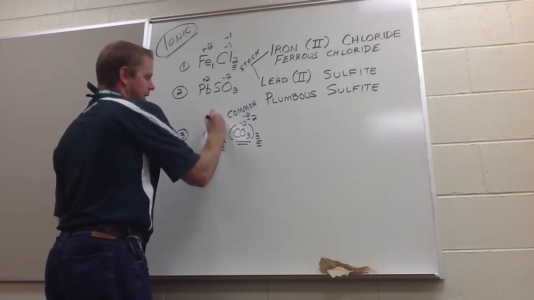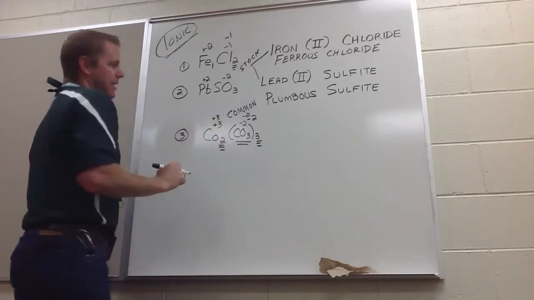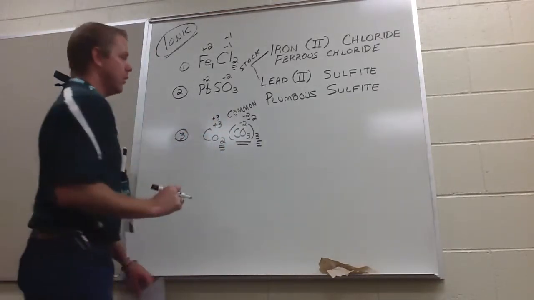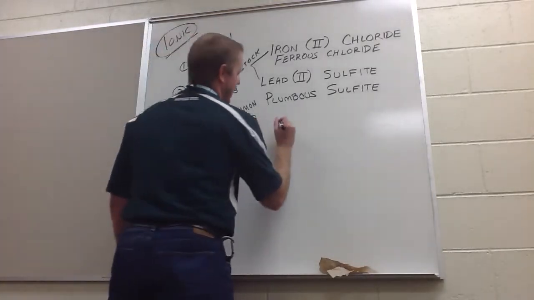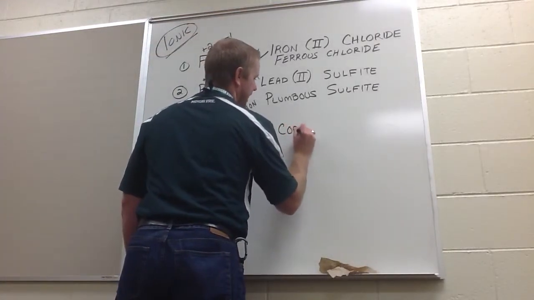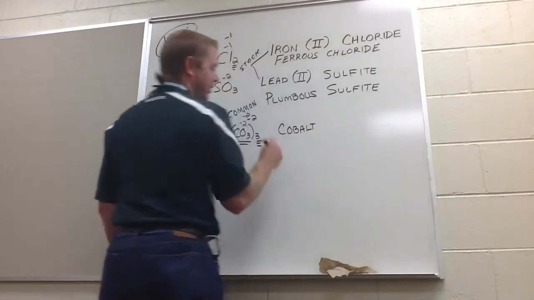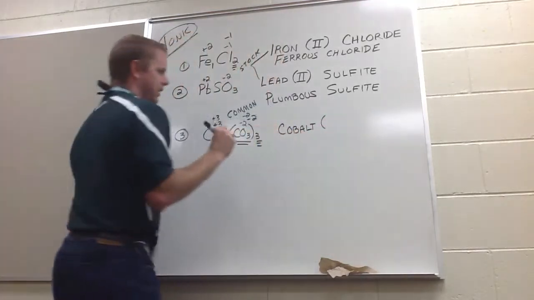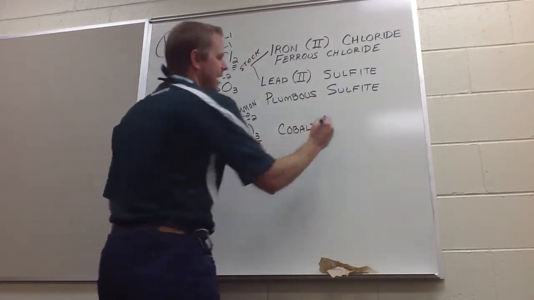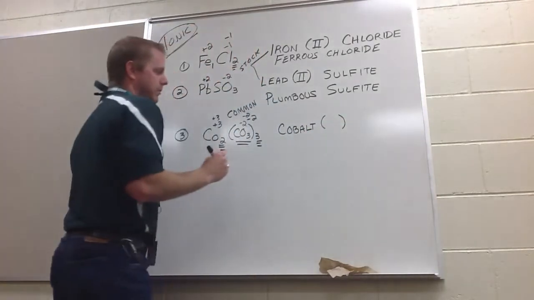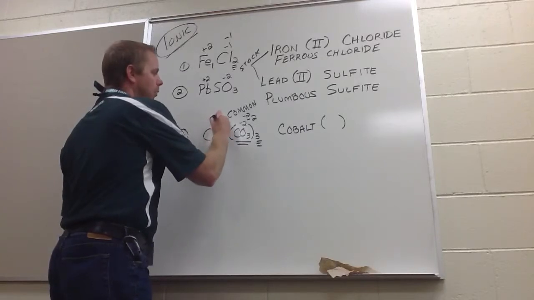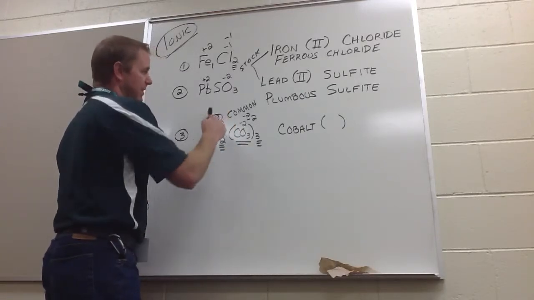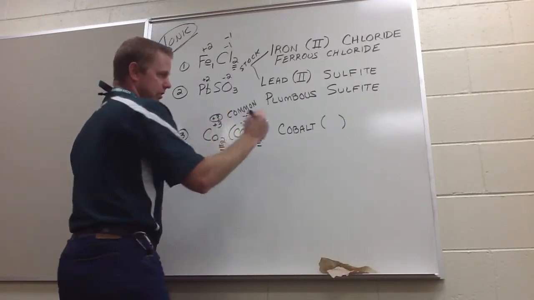Therefore, +3 and +3. Now this one is a little tricky, and here is why. You write the element's name, cobalt. It is a transition metal. It's found in the middle. So now we have to tell the charge on the cobalt. You only put what the charge is. This is the +3 version.